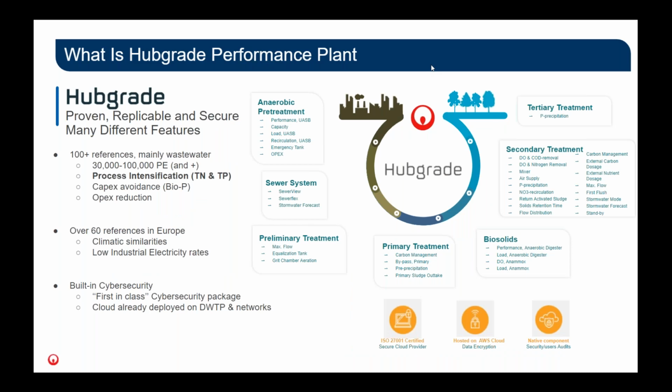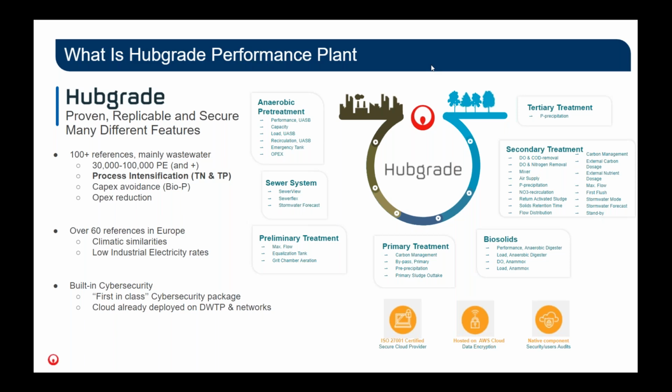There are many different features that are offered with this platform that deal with anaerobic processes, the collection systems that are operated out there to minimize CSO events and smooth out incoming flows to our wastewater treatment facilities, all the way through all the different types of unit operations you can think of at the treatment plant.